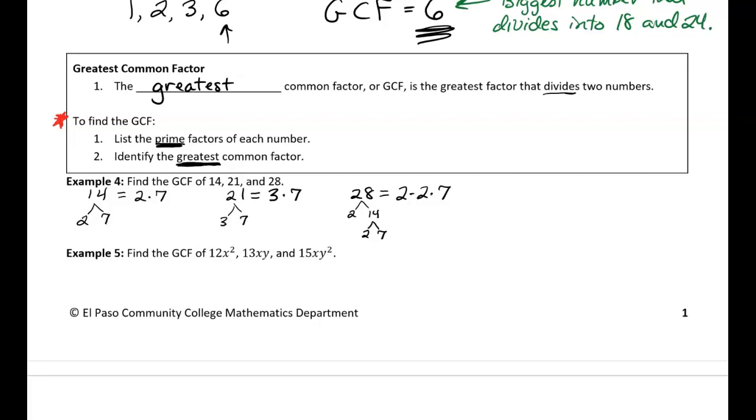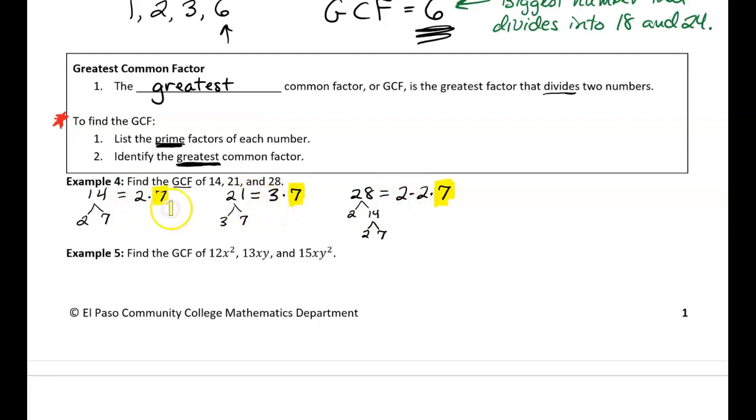Okay, so we're looking for now the greatest. What do they have in common? What do all of these prime factorizations each have? I think we can see really quick they each have a 7. So 7 is part of my greatest common factor. Do they each have a 2? Oh, the first one, the third one does, but the 21 did not have a 2, so that's not common.